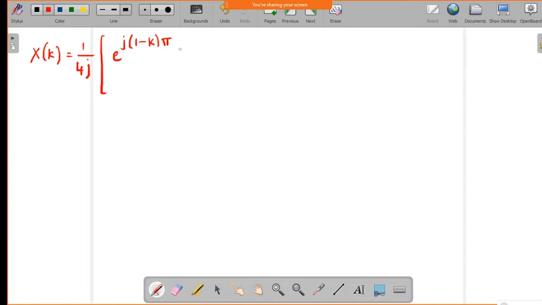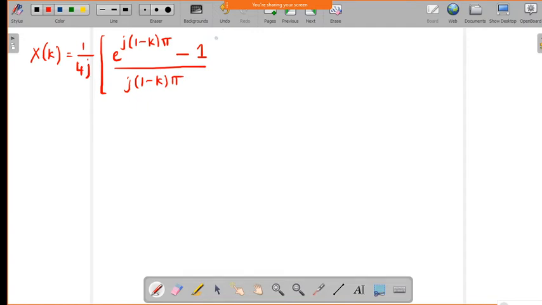Minus, if you put t equal to 0, you will get minus 1. This divided by j into 1 minus k into pi.